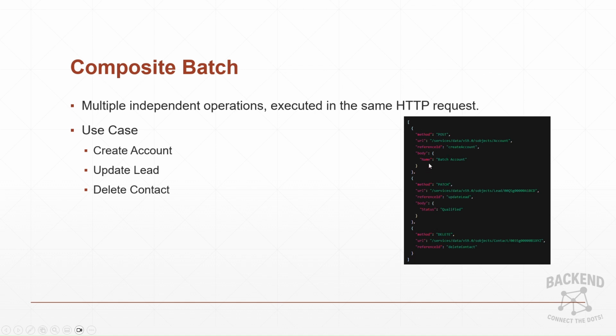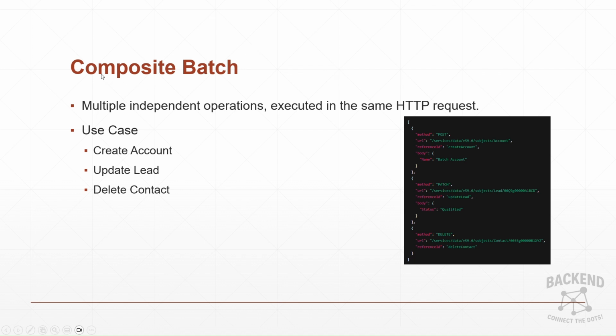If one of them fails, you will get the fail response for that sub request only. The others will not be affected. For example, if you have five requests and the third one fails, the fourth and fifth will be executed normally. But at the end of the response, you will see that only the third one has the error message explaining why it errored out.